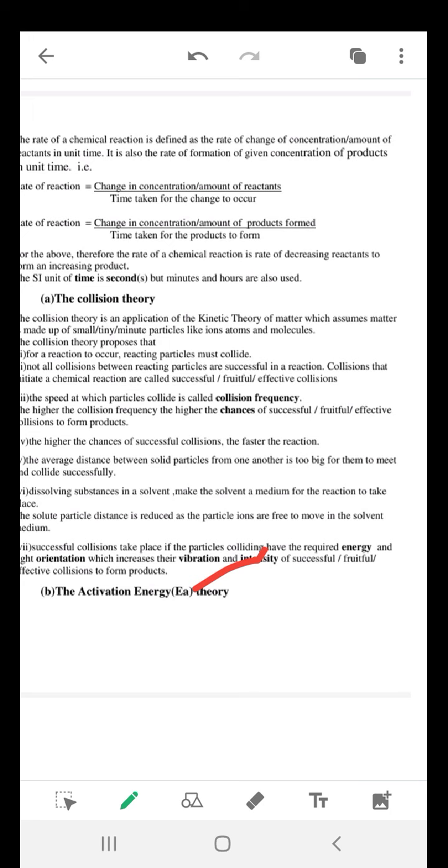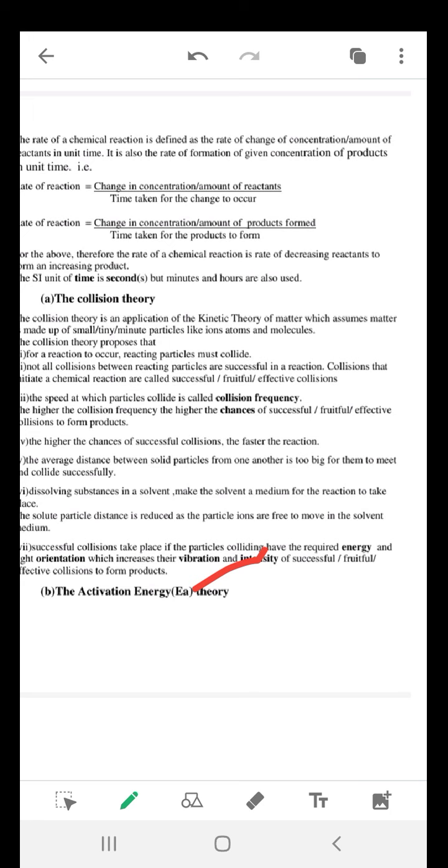The collision theory proposes some rules. One, for a reaction to occur, reacting particles must collide. According to the collision theory, for a reaction to take place, the particles involved should collide, so one particle collides with another.